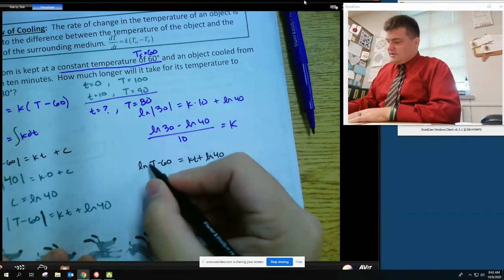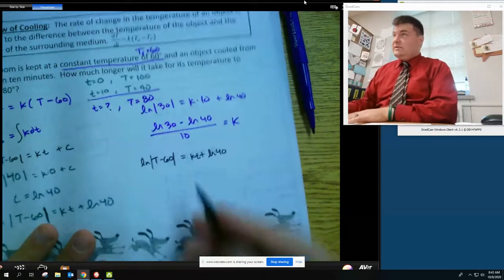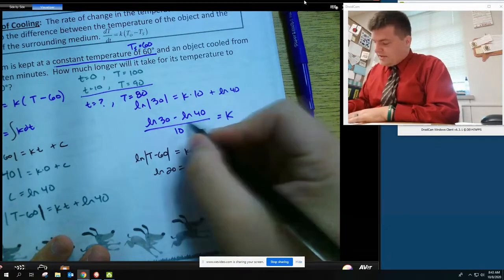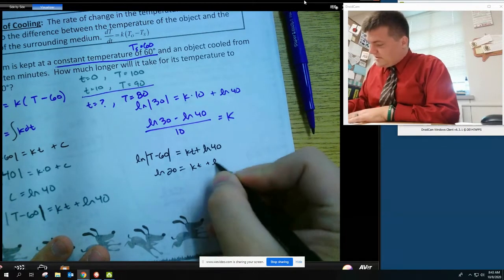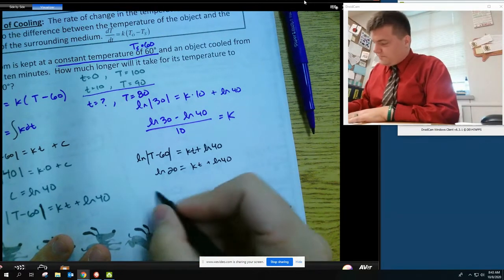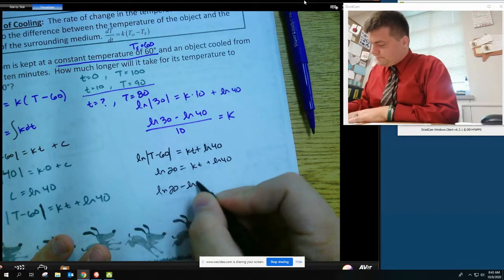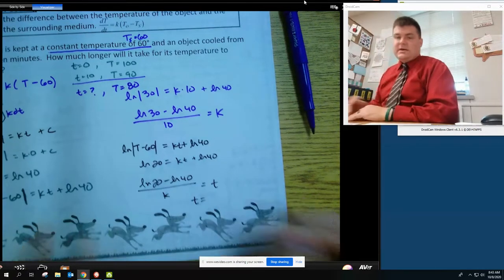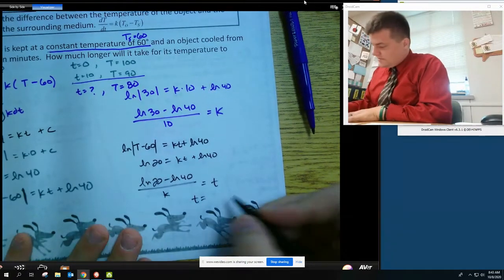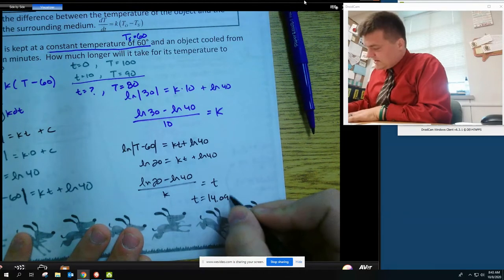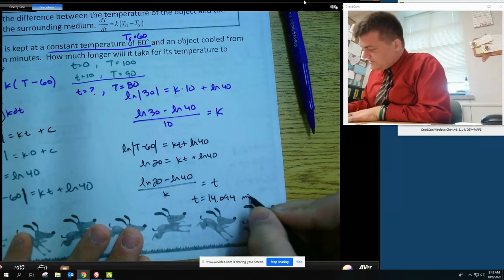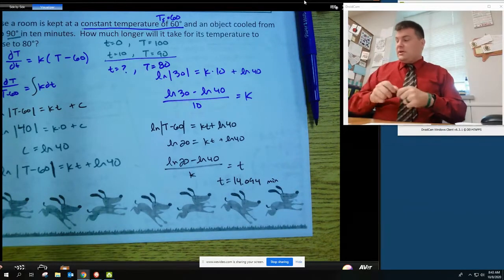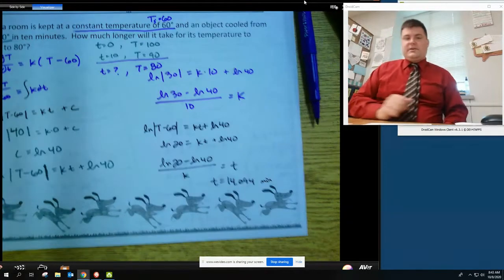In this case, T is 80, so we're going to get ln of 20 equals, again, I stored the k already, so kt plus ln of 40. Subtract that ln of 40 over and divide by that k value that I stored in my calculator. And then I'm going to get an answer of 14.94 minutes. Okay, so this is a very calculator heavy problem. I didn't want to spend too long doing that because you all can figure out how to do that on your own.